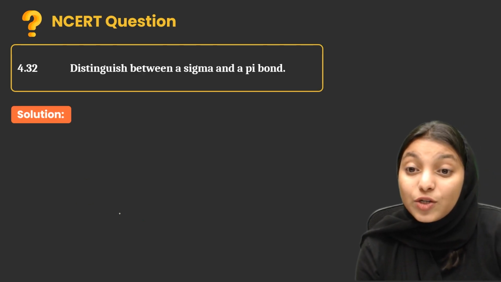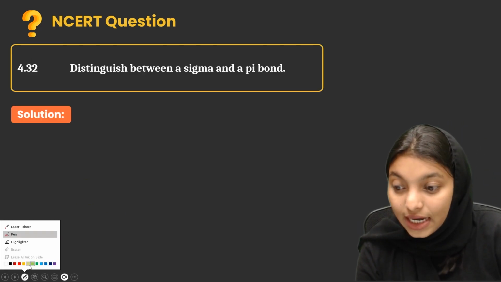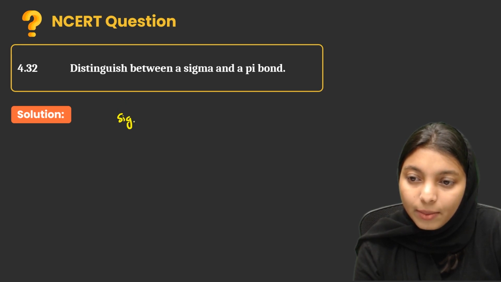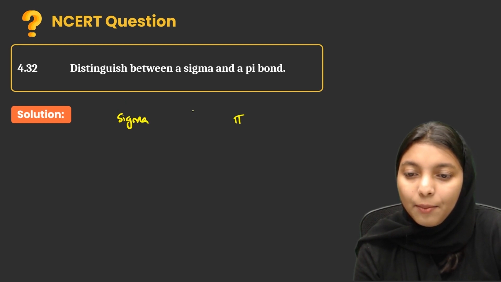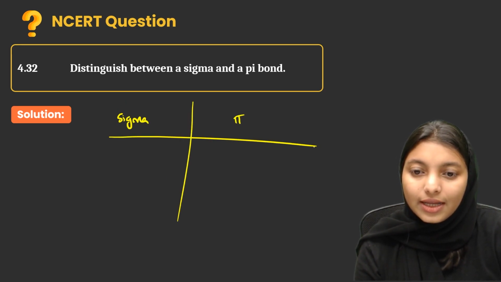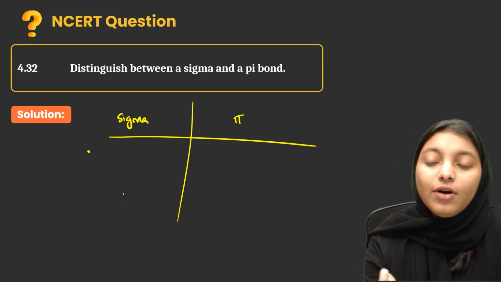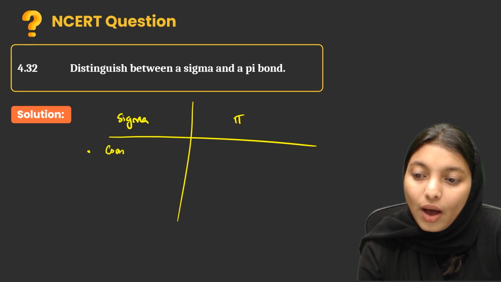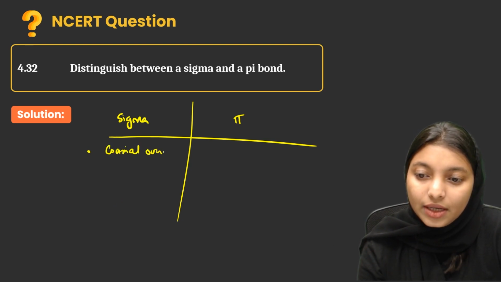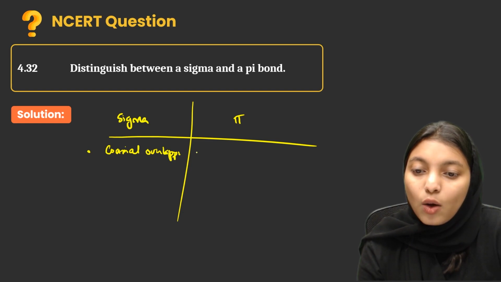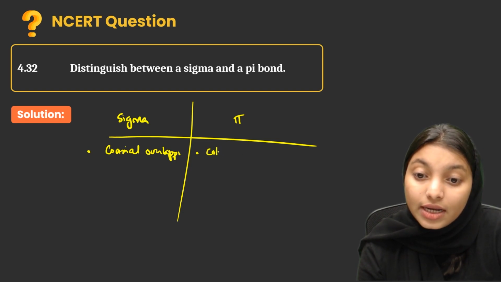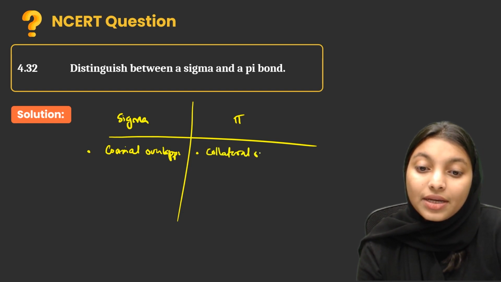Distinguish between sigma and pi bonds. Very easy question. Let's put it like this. For the sigma bond, coaxial overlapping is happening, whereas in the case of pi bonds, collateral overlapping is happening.